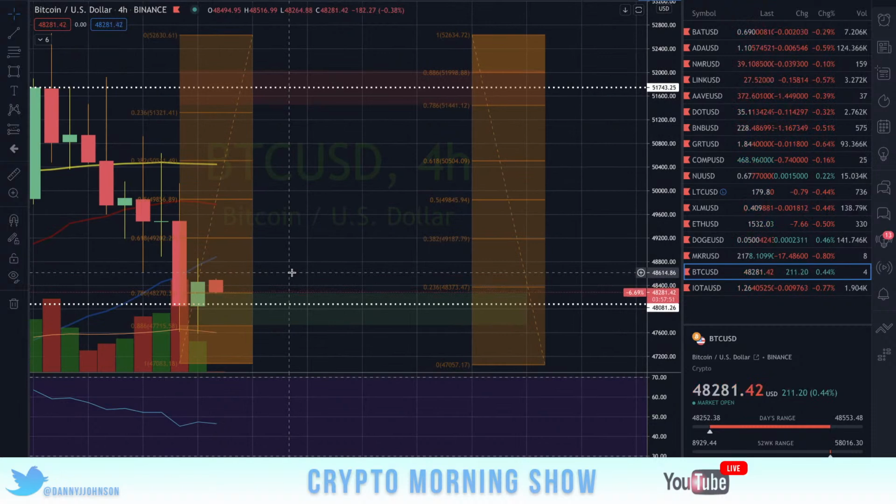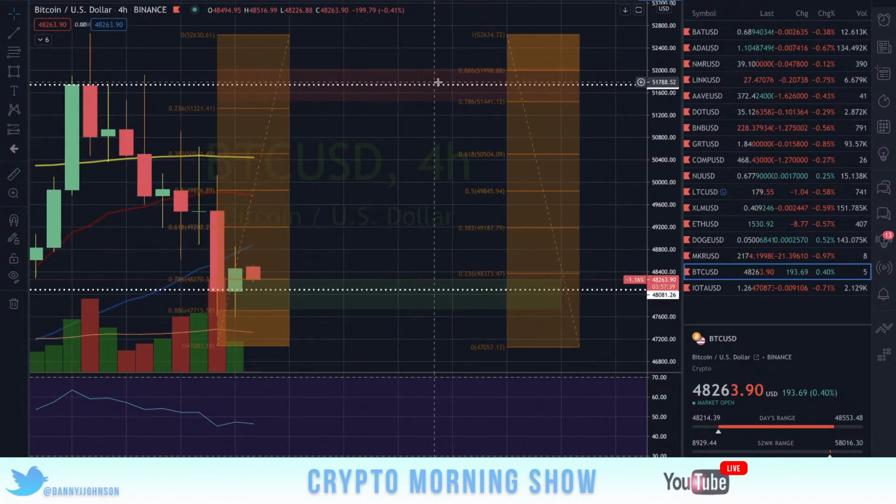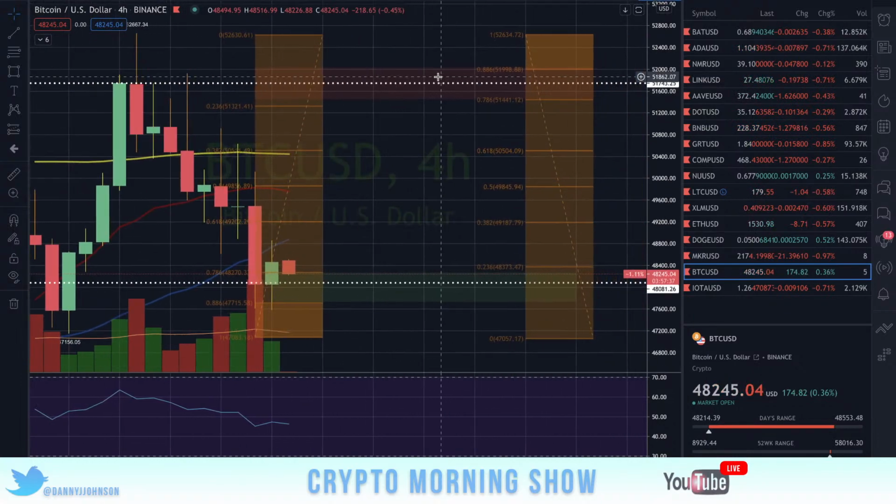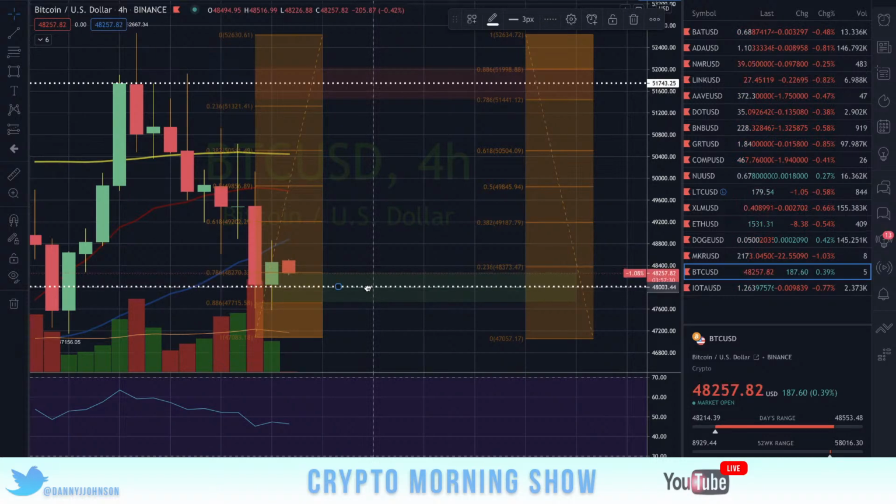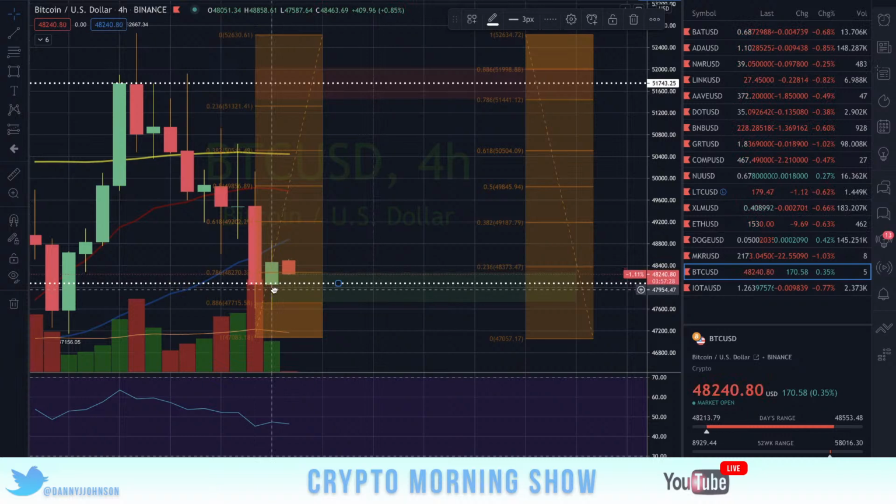If you want to be aggressive, jump on in there. That's what I'm going to do with my trading account, as soon as we can dip down into here. And then we have the retracement on the opposite side going up to, let's see, yeah, the 0.786. So let's get you some support. Looking at support, you can see these two candles here, the body of the candles.